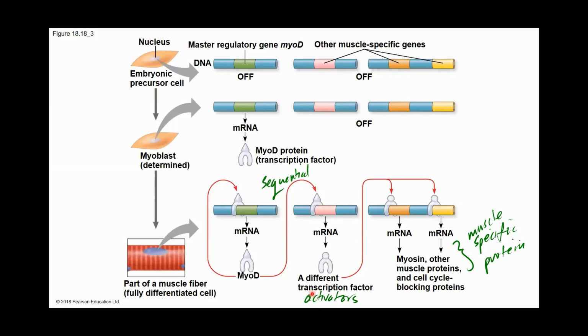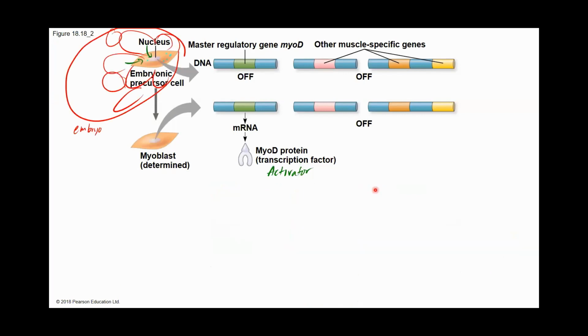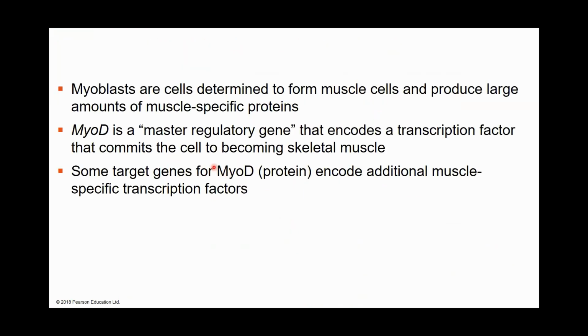And these different transcription factors or activators will start driving the expression of the muscle-specific genes to produce the muscle-specific proteins. Okay. MyoD is called the master regulatory gene because its presence inside the cell will cause the cell to eventually become a fully differentiated muscle cell.